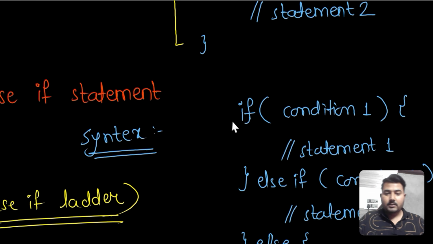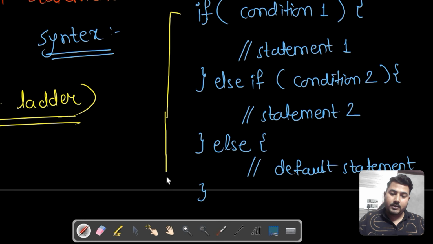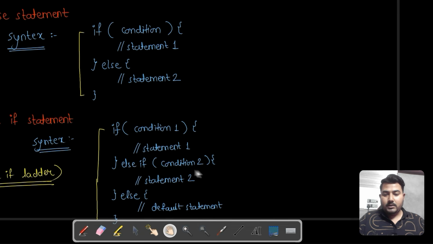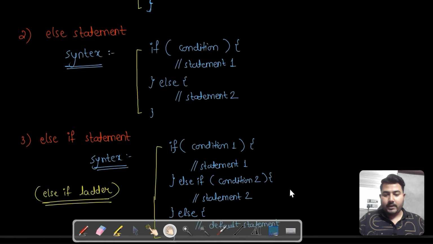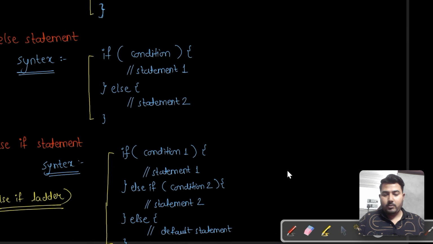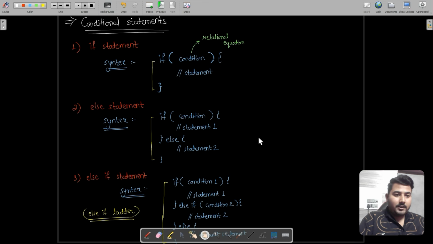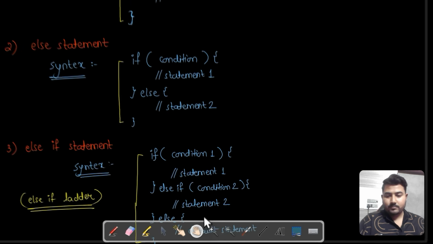In that case, this particular default statement will be executed. This is what the syntax of all of it looks like. You can take a screenshot or pause the video and write it down according to your speed. I'll give you 1 second from my end. All right, I hope most of you have written it down. That is great.